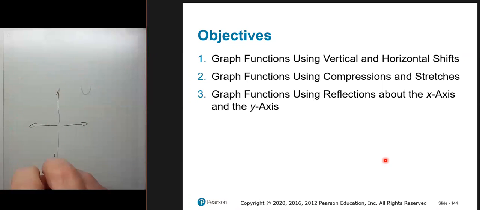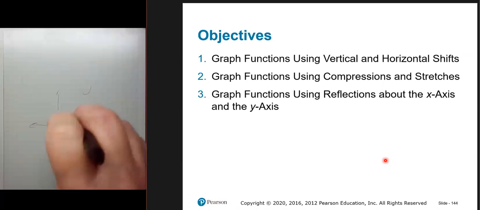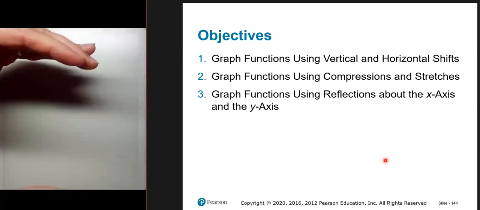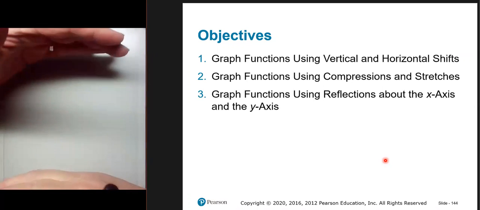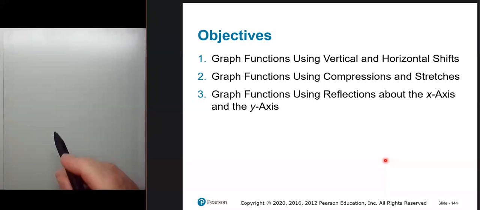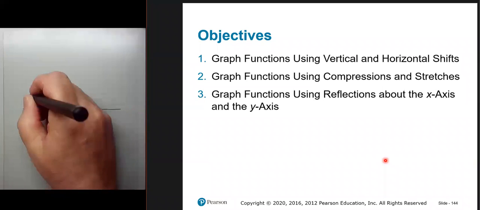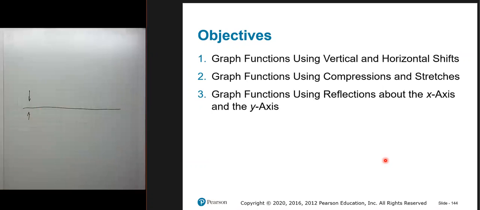Now with compressions and stretches, a compression, it's like you're stepping on it and you're making it flatter, or you're squashing it towards the x-axis. So a compression in the y direction is you're bringing it towards the x-axis, either from above or below. That's what a vertical compression is.